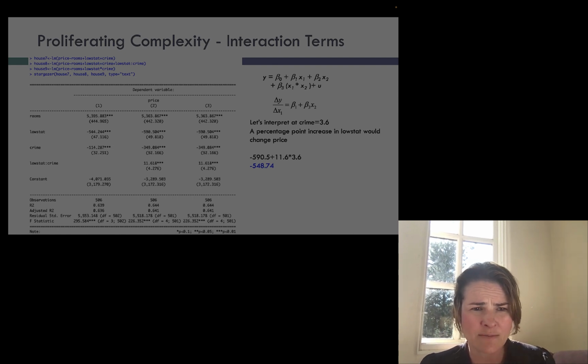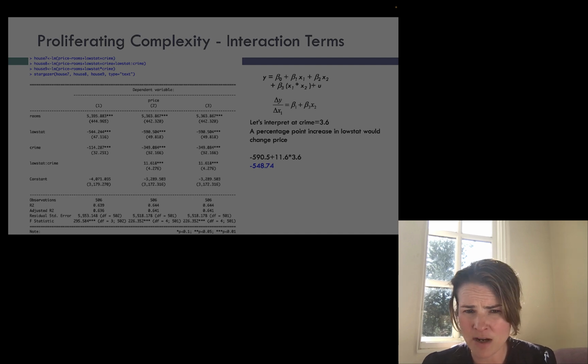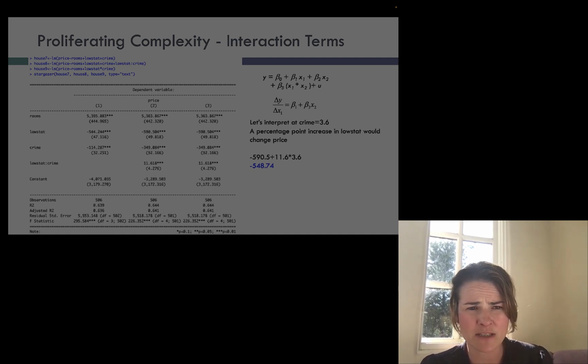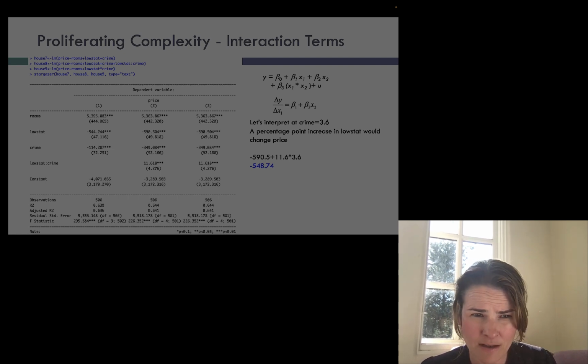So we estimate essentially, you'll notice that the second model and the third model are the same. I use slightly different code to do it. There's a shortcut. If you multiply low stat times crime, you get low stat, crime, and low stat times crime. Or you can add the interaction term independently with a colon in R. Anyway, so I ran it both ways for you.